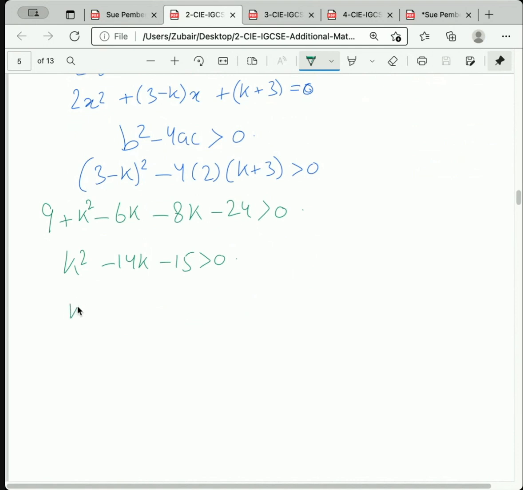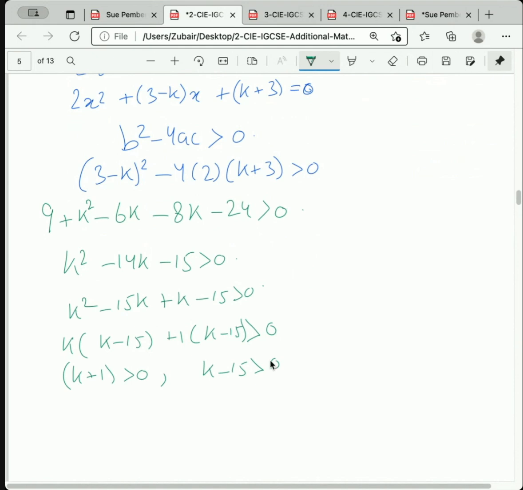K squared minus 15k plus k minus 15. Adding these two gives minus 14, multiplying gives minus 15. K common, k minus 15, plus 1 common, k minus 15. K plus 1 and k minus 15 is the product, and we need to check the sign.